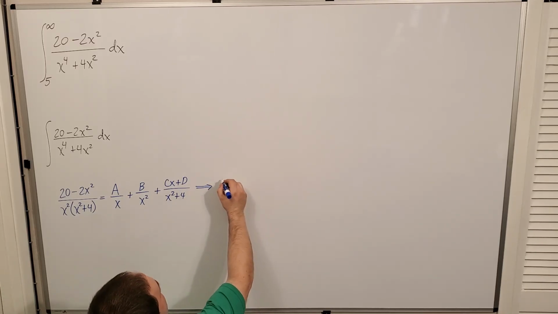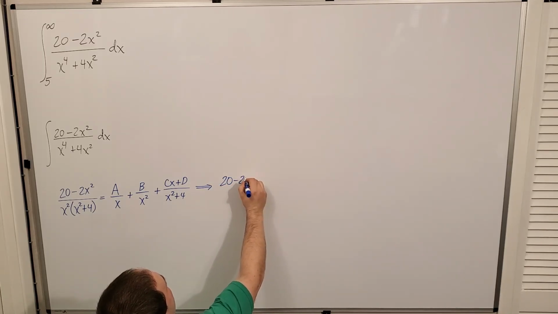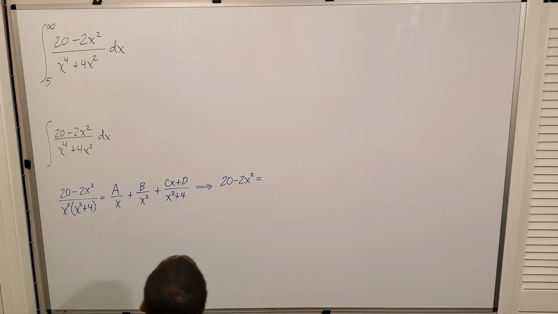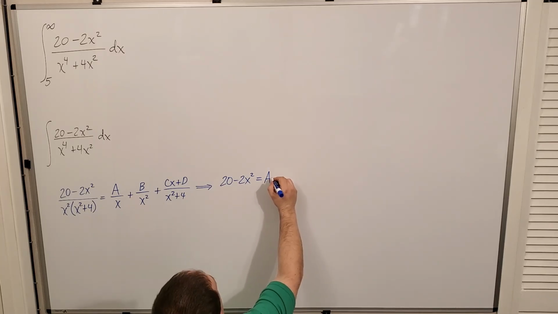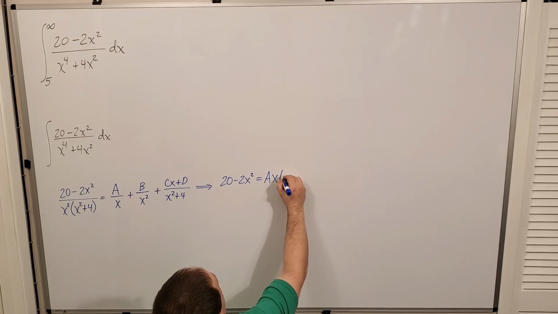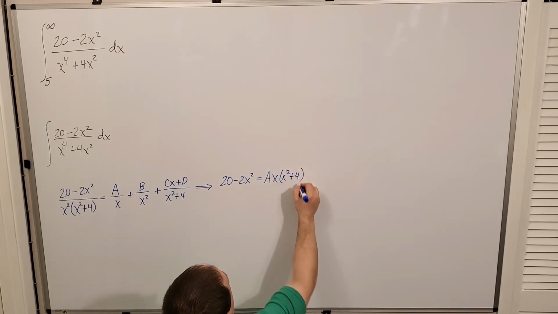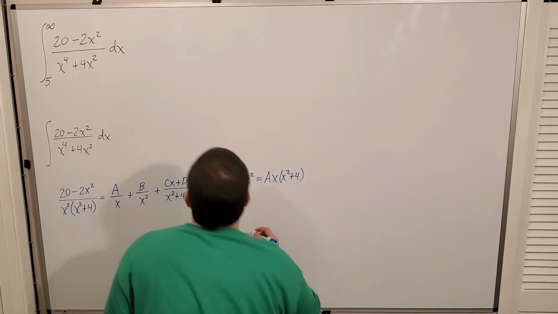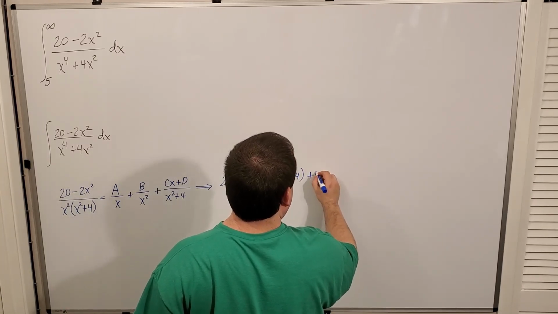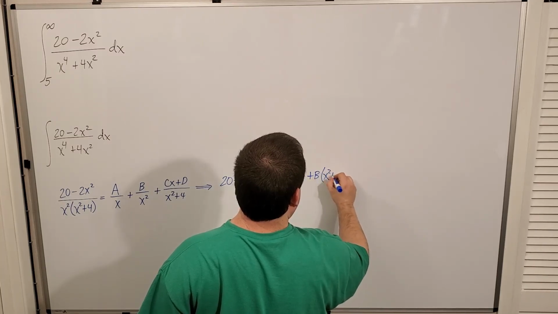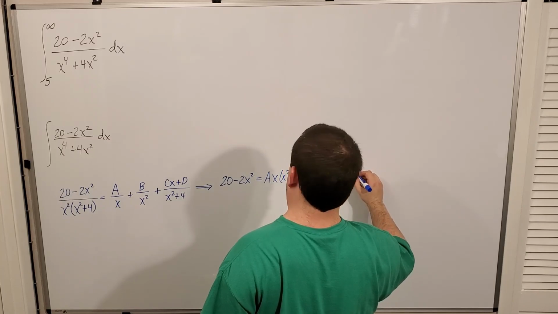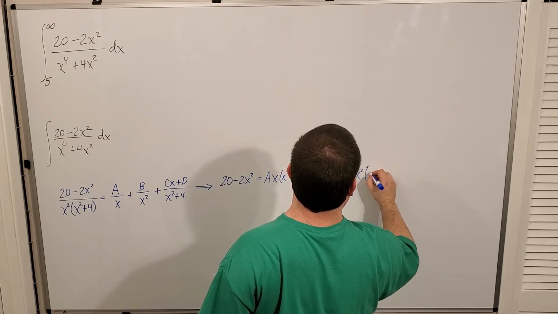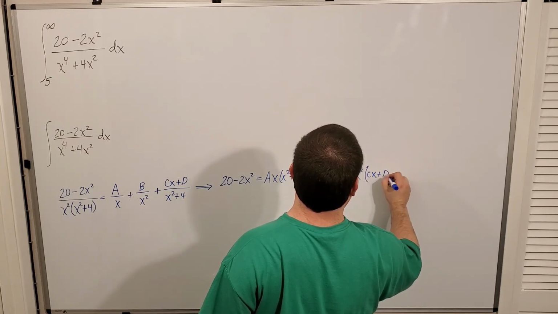That's going to give me 20 minus 2x squared is equal to A times x squared plus 4, plus B times x squared plus 4, plus x squared times Cx plus D.